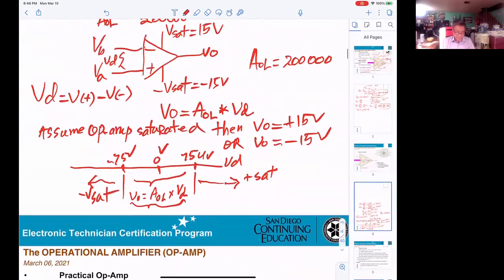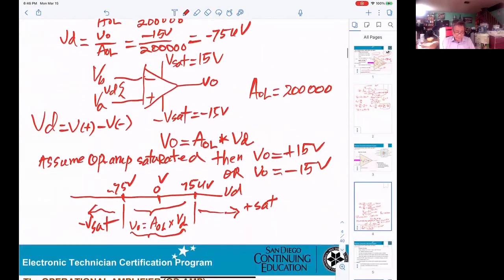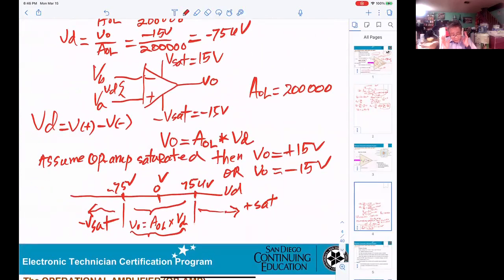That's what is in here. First thing you have to know is what saturation voltage they give. Normally they will be less than the power supply. So in order to do the calculation, you have to assume they are saturated and find the limit for the input VD.